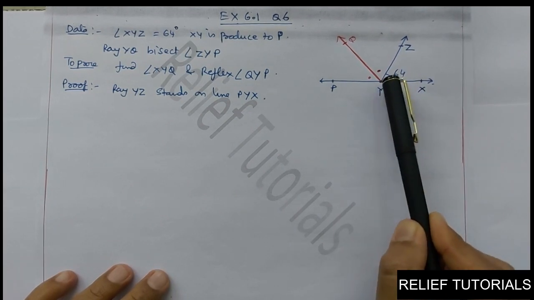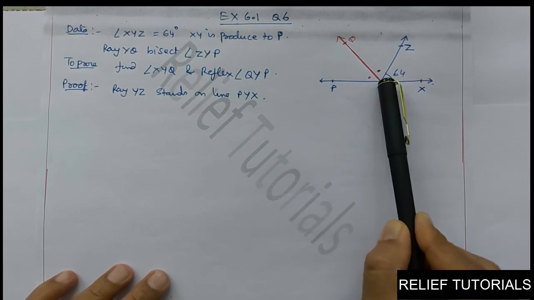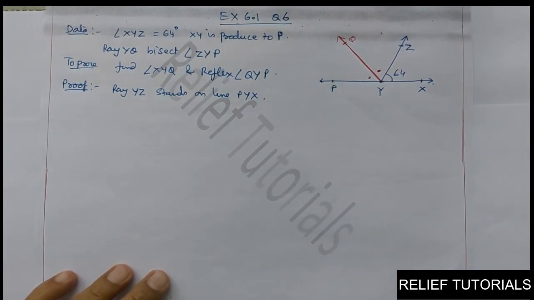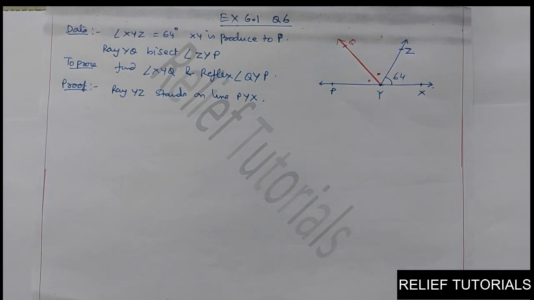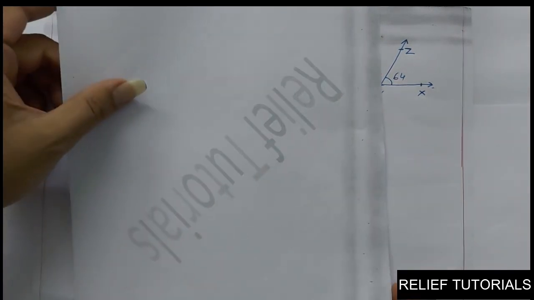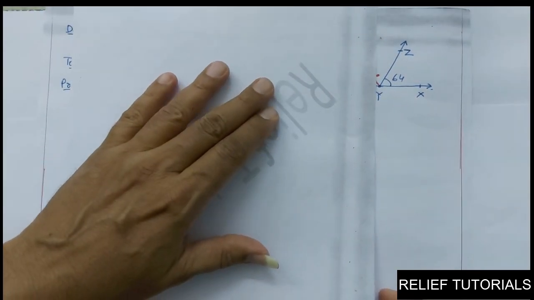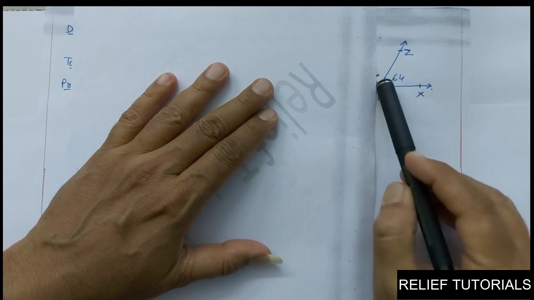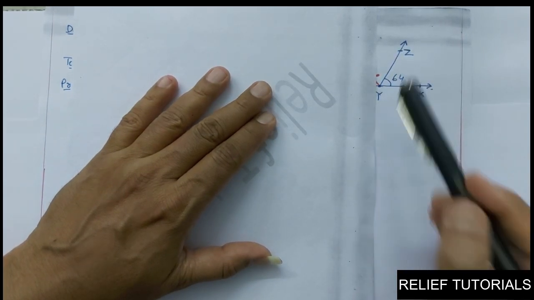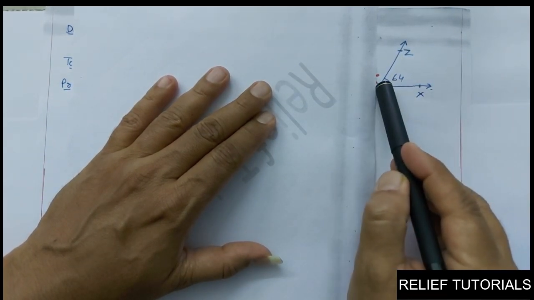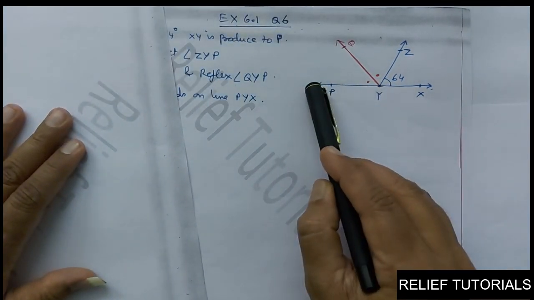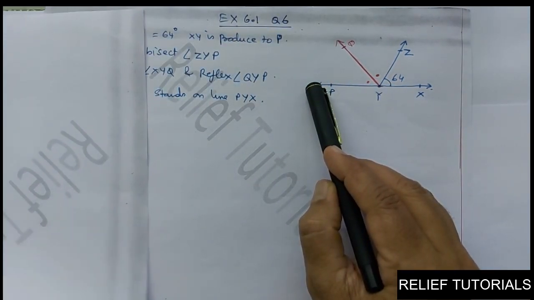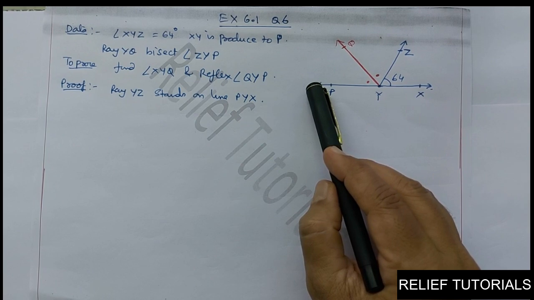Now, this XY is produced, or extended, to point P. This is given. Angle XYZ is 64.